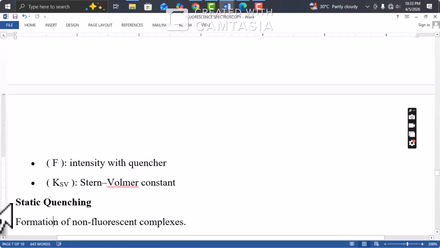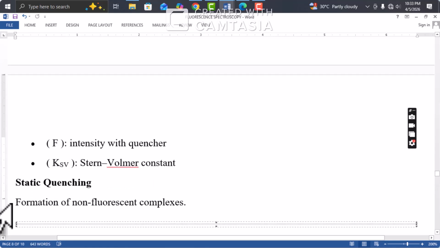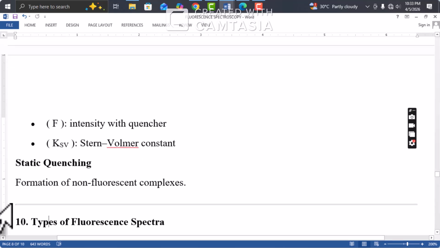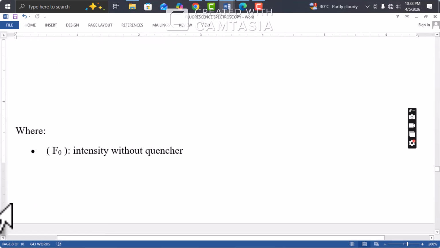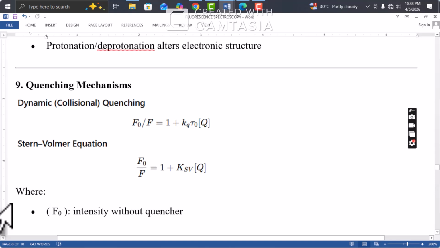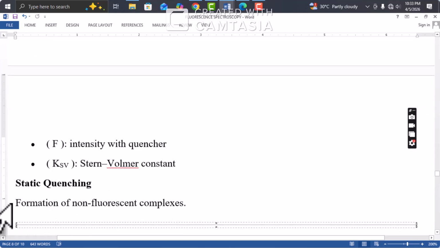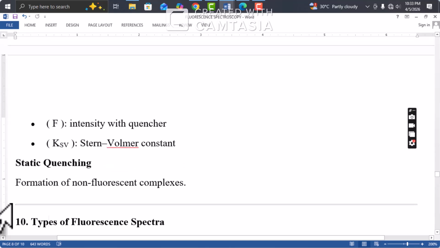Now, that's for dynamic quenching: you have collision and then quenching. But for static quenching, sometimes you can have formation of non-fluorescent complexes.